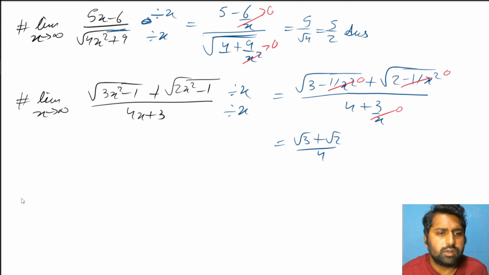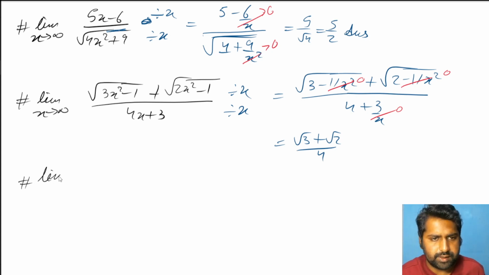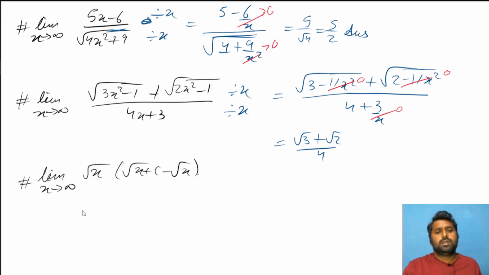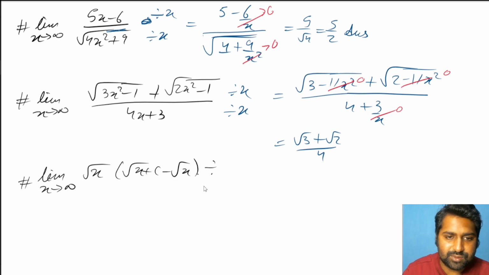So far in all the questions you see there was numerator and denominator. That's why you were able to divide numerator and denominator both. Okay, look at this question now. x tends to infinity, square root of x plus c minus square root of x. There is no denominator. If you divide numerator, there is no denominator to divide x with.